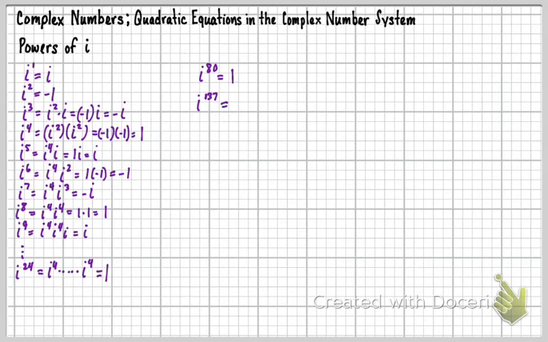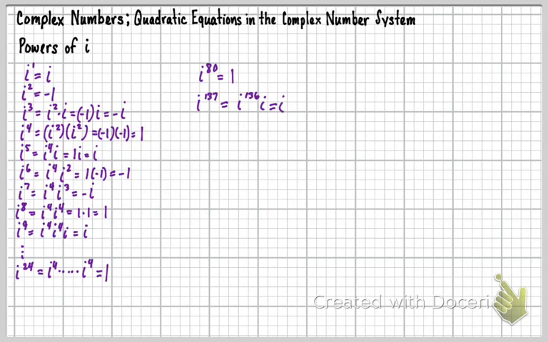Now, if I take the 34 and multiply it by 4, I really get i to the 136, which is just going to give me 1. And notice here, I just have 1 left because that's 137. So this would be i to the 136 times i, which would be 137. And I know this is really just an i to the fourth. So that's going to be a 1. So my answer is i.